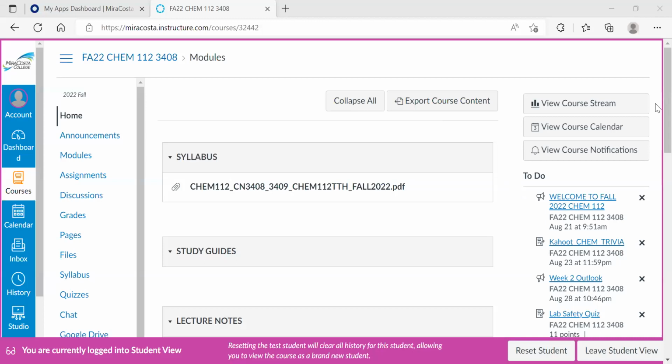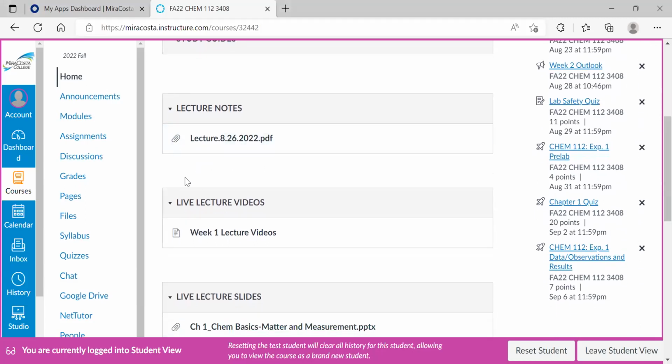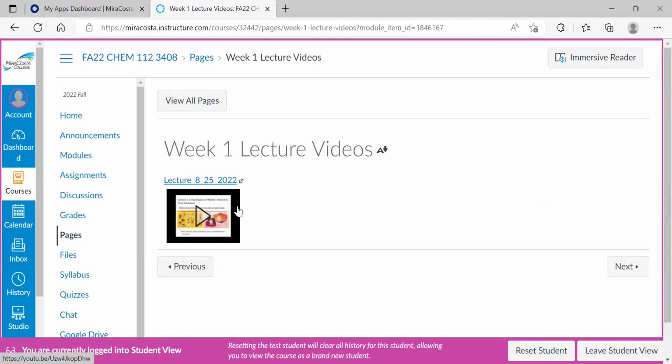So this is how your Canvas should look, okay? And when you go here, you can see that I have a tab for lecture notes. So those are from the PowerPoints. Look at this, lecture videos. I click there, boom, lecture video. And that links you directly to my YouTube channel. So today's lecture, I will upload after I'm done with lecture today. Everything is on Canvas.